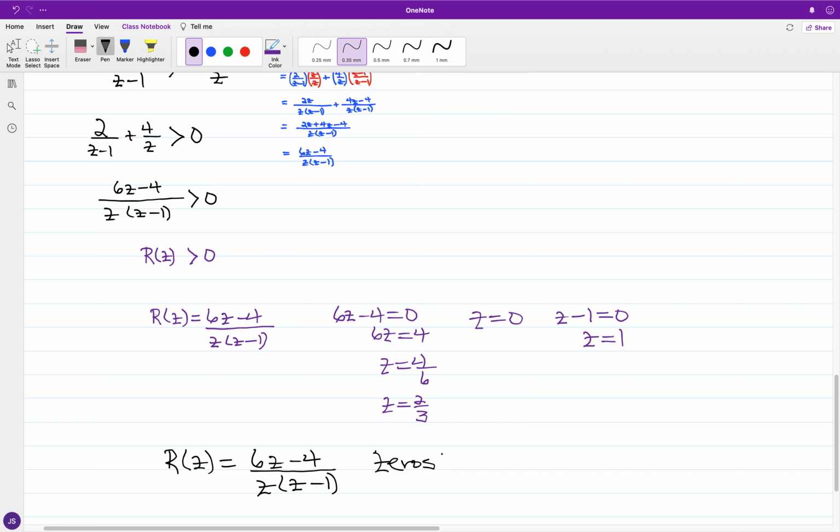Now for the zeros, 2/3 stems from 6z minus 4, which is only in the numerator. So 2/3 is the zero of only the numerator portion, and that one would be in the domain. With the nature of the inequality, whether it's in the domain or not is not an issue, but 2/3 would be in the domain.